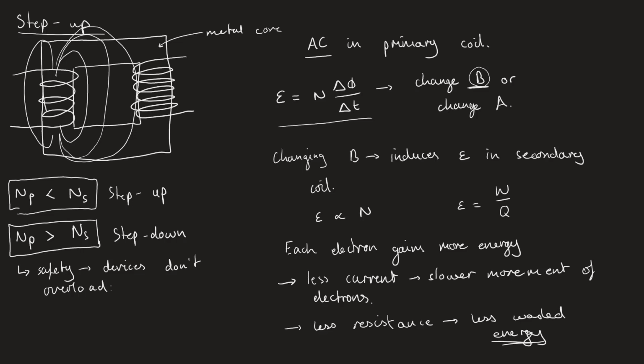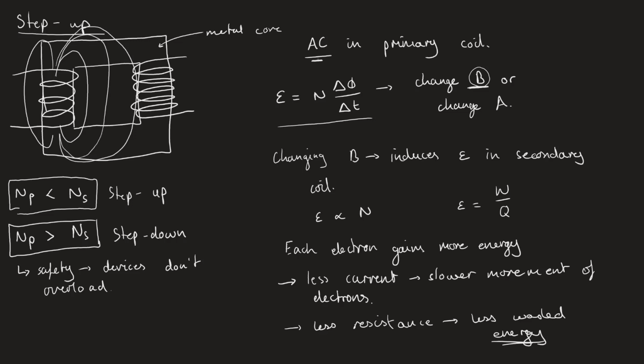And a key thing is that, referring back to this, it has to work with alternating current, right? Because that's what causes the change in magnetic flux density. If it was a direct current, there'd be no change, and therefore we'd have no EMF induced.